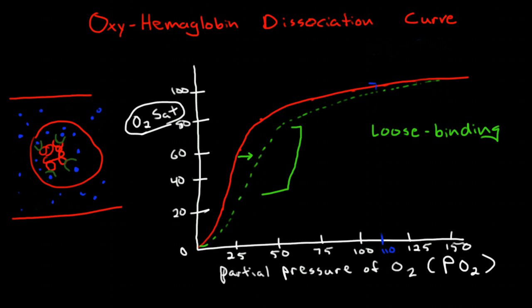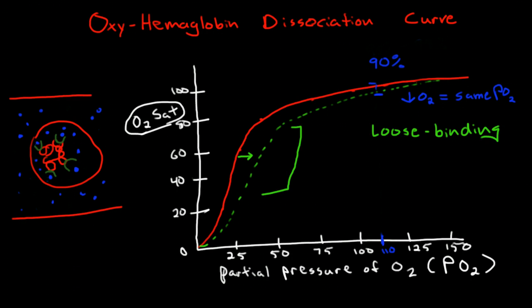So what does loose binding mean? Well, it means that at the top of the curve here, you're going to have a lower oxygen saturation corresponding to the same partial pressure of oxygen. Okay, so instead of having a normal sat of 95% here, if we've right shifted the curve, your saturation for a PO2 of 110 or so is going to be maybe 90%, right?